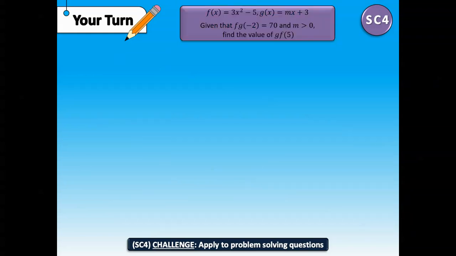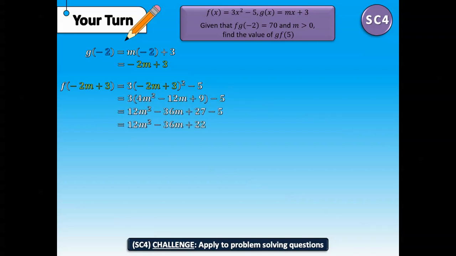And finally, a purple question. So we want to find g of minus 2, which is minus 2m plus 3. Then we substitute that into f of x. So that gives us this.